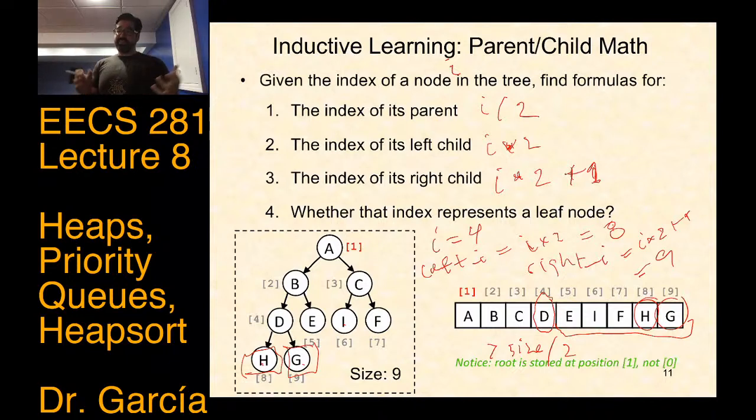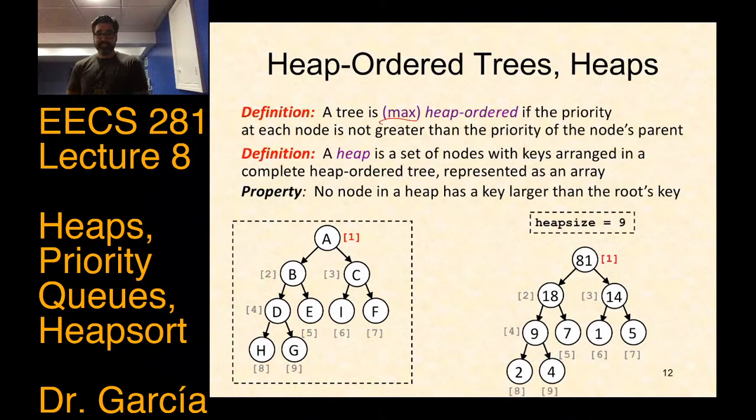But to keep it simple in this lecture, we're going to assume that the priority and value of the node are the same thing, so we just use integers all throughout. But in general, it doesn't have to be that way. You can introduce structs in there.